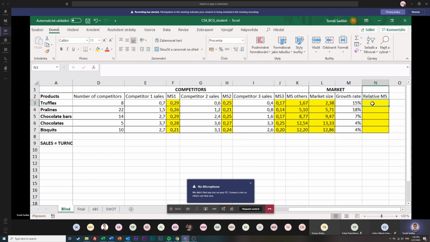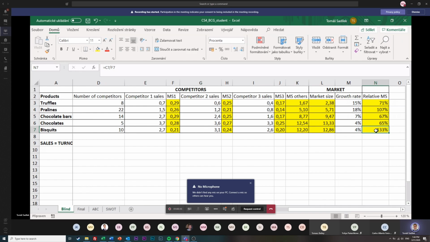If we compare the chocolate bars, we see that the market share of our chocolate company is 67% of the biggest competitor. For chocolates, our market share is just 65% of our competitors. For biscuits, we have 33% of the biggest competitor. So this is the relative market share of our company.